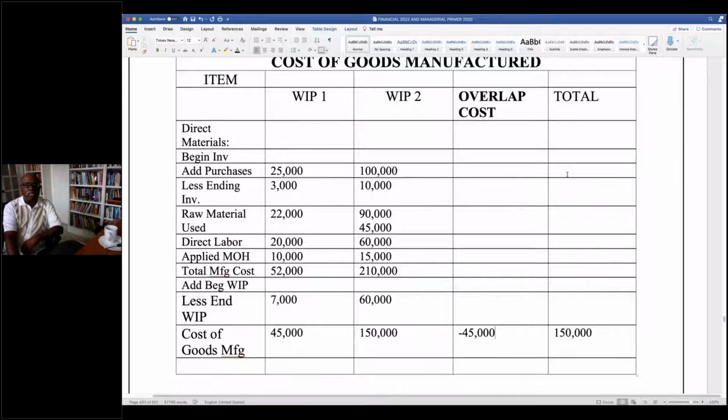So the purchases in total are going to be what? 125,000. And the ending? 13,000. So the raw material used is how much? 112,000.